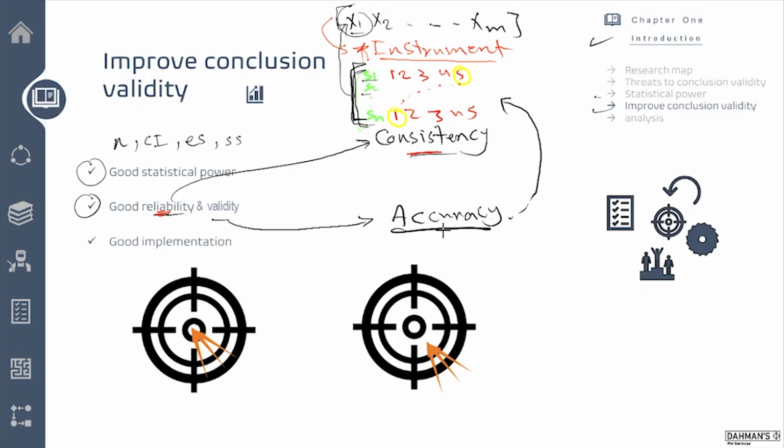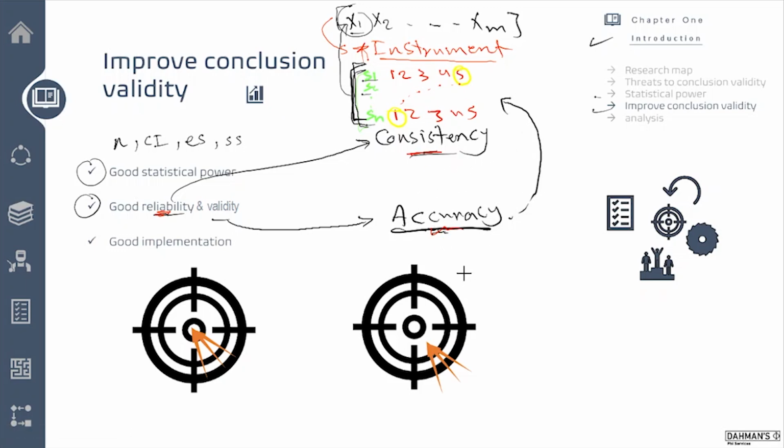Reaching good accuracy is different from consistency. Consistency is more technical, but accuracy depends on your understanding, or having a strong background, on the subject of the problem. That's why a domain expert can perhaps help me make sure that the accuracy is met for the set of answers I'm getting.